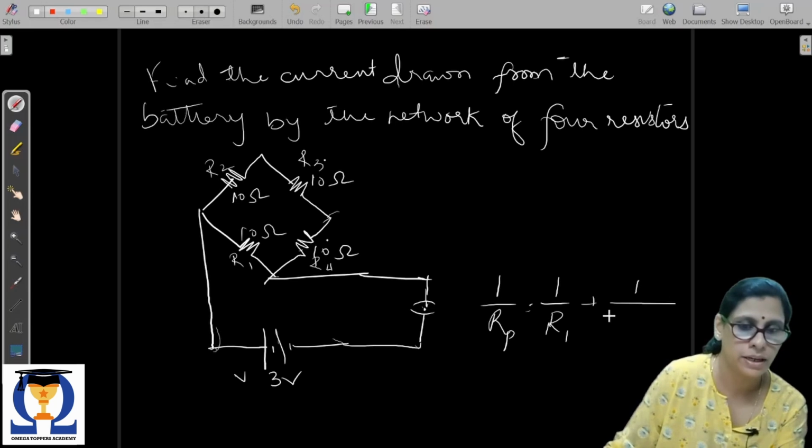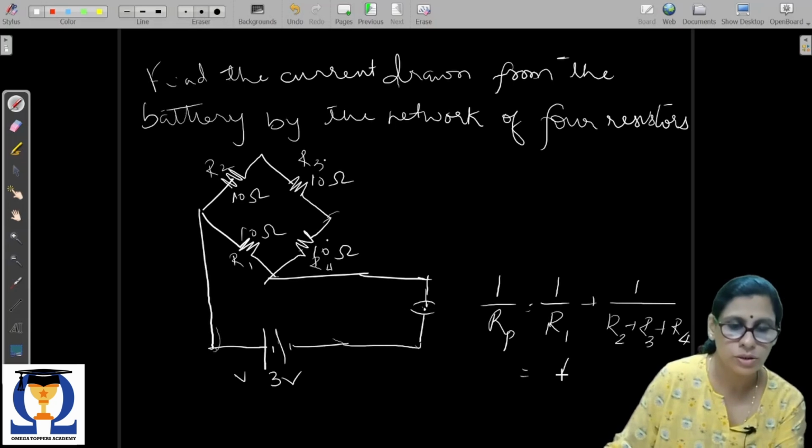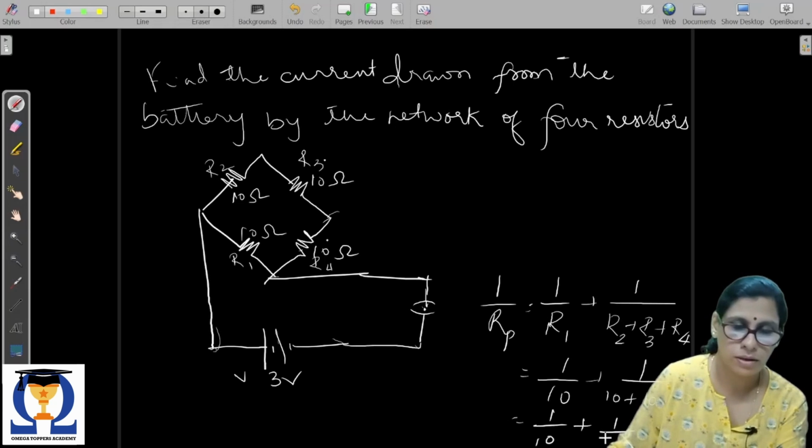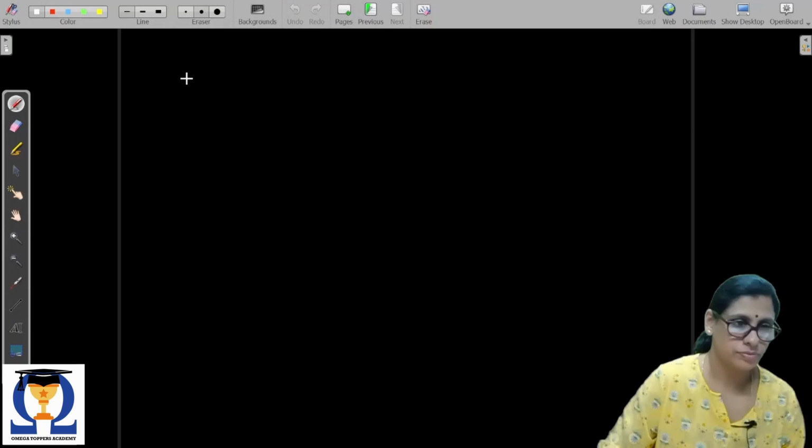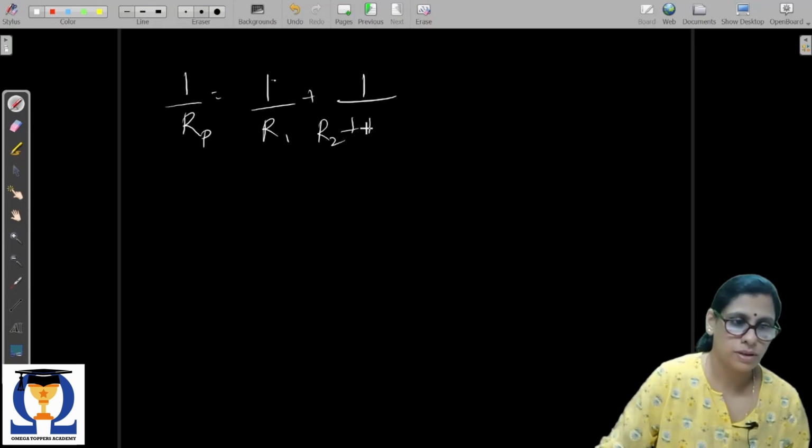we will be taking it as 1 by R2 plus R3 plus R4, which is 1 by 10 plus 1 by 10 plus 10 plus 10, which is 1 by 10 plus 1 by 30. So 1 by Rp is equal to 1 by R1 plus 1 by R2 plus R3 plus R4.